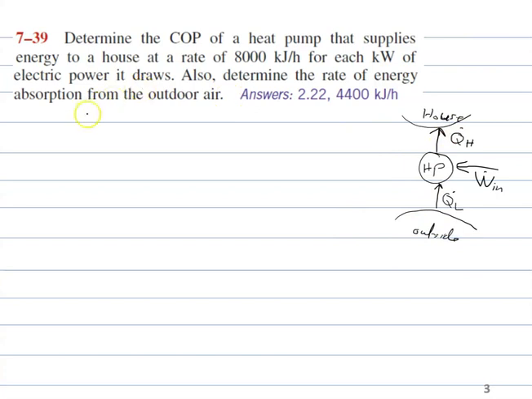So it supplies to the house QH equals 8,000 kilojoule per hour for each kilowatt. So for each kilowatt, WN is 1 kilowatt, because per 1 kilowatt, it will supply 8,000 kilojoule per hour.